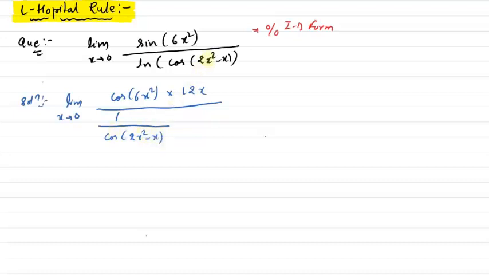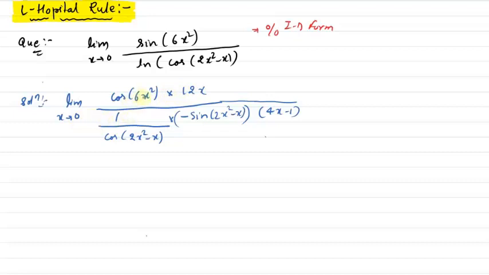Next, differentiation of cos of 2x square minus x will give you minus sine of 2x square minus x. And lastly, differentiation of 2x square minus x will give you 4x minus 1.